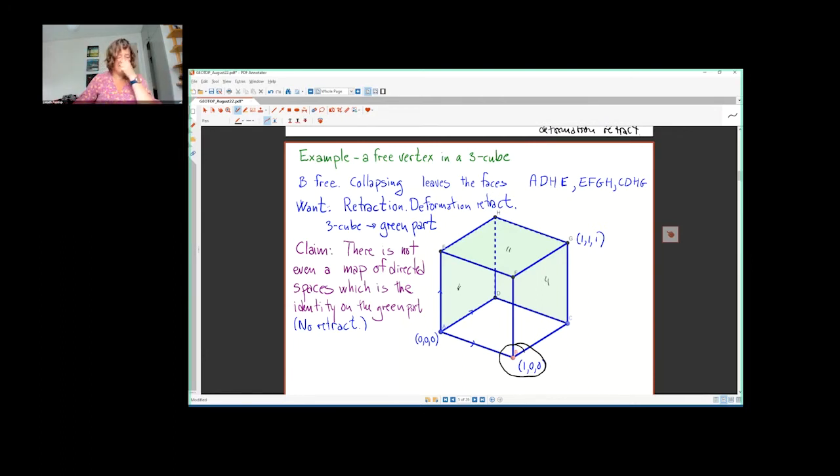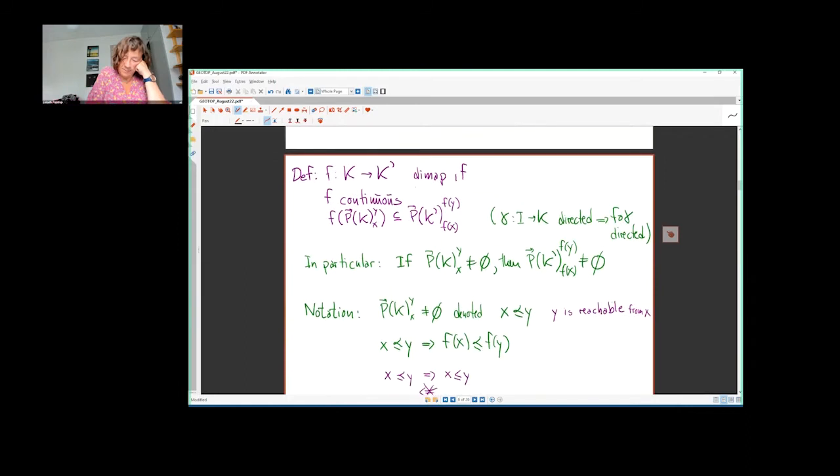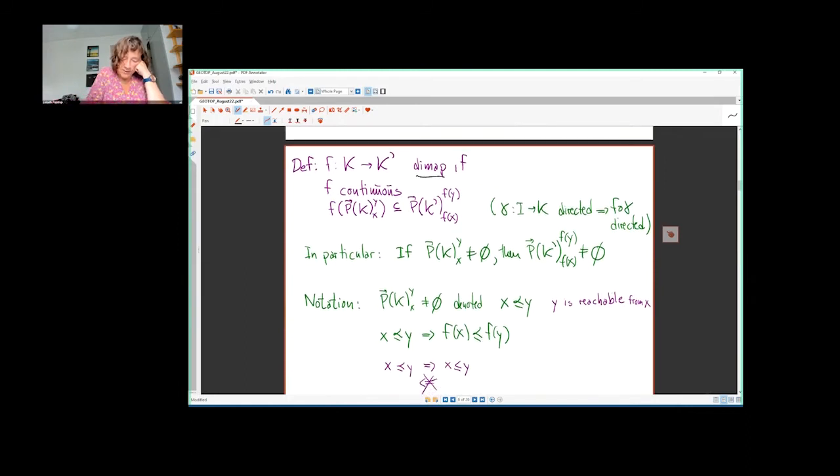Well, first I have to say what I mean by a directed map. And what is a map of directed spaces? Well, a map of directed spaces, DIMAP, nice name, is a continuous map, and it has to send path spaces to path spaces, or to subsets of path spaces. So if I have directed paths from x to y, then using f on it, I get a new directed path just from f of x to f of y.